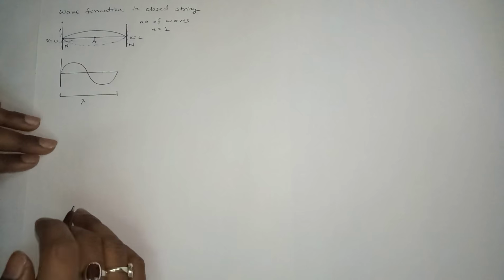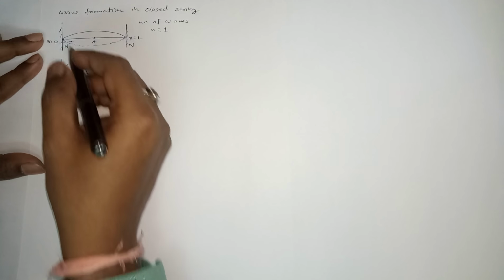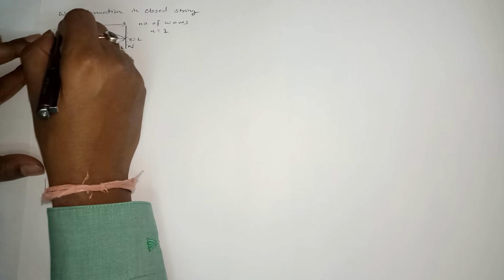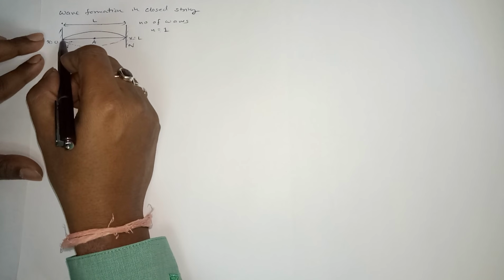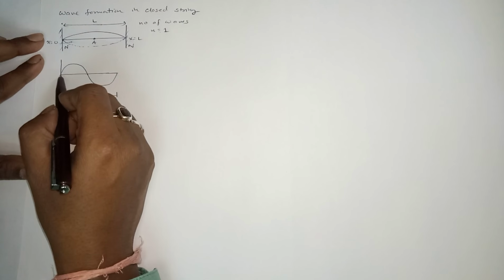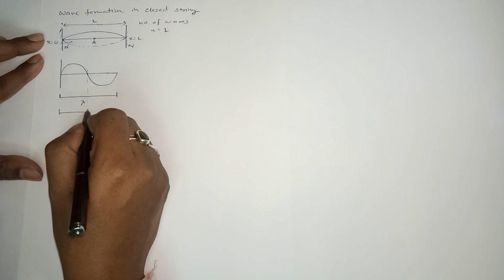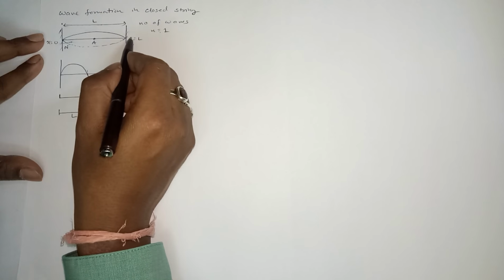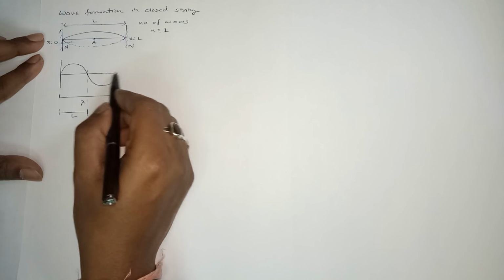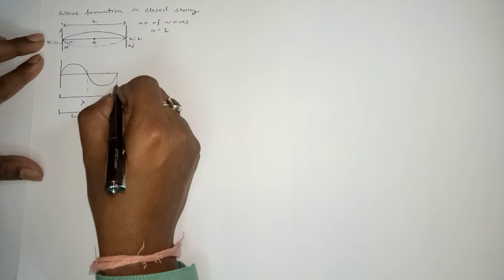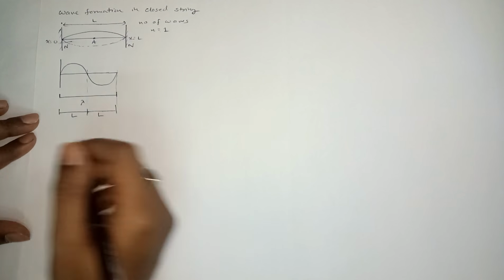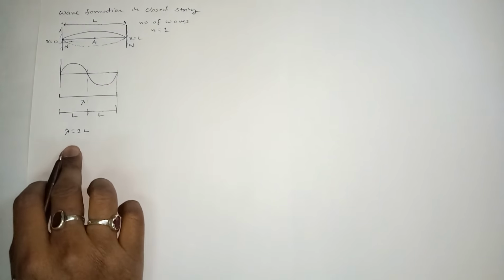Now you have to relate this lambda with the actual length of this string, which is L. You are going from this point to this point, and this length is equal to L. Then you are again coming back, which is the negative half of the wave, so this is also equal to L. So you can write that lambda is equal to 2L.